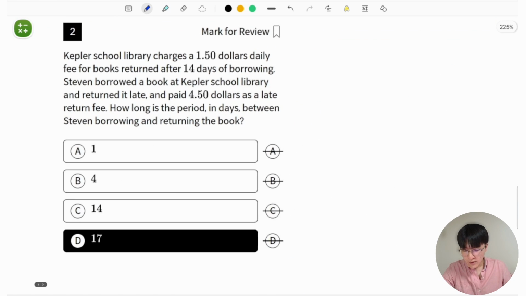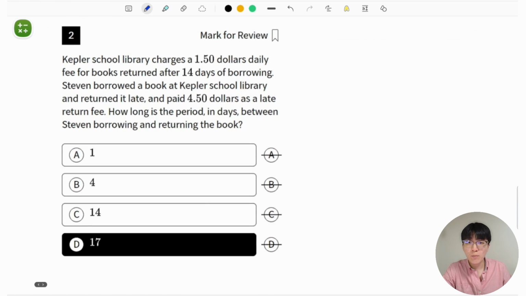Question number 2. Kepler School Library charges a $1.5 daily fee for books returned after 14 days of borrowing. Stephen returned a book at Kepler School Library late and paid $4.5 as a late return fee. How long is the period in days between Stephen borrowing and returning the book?